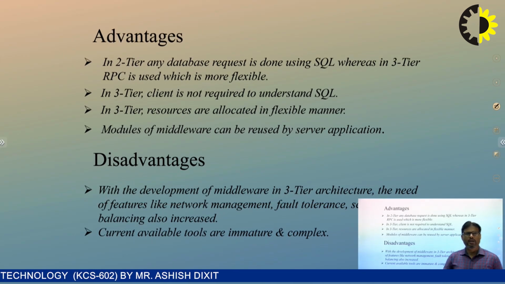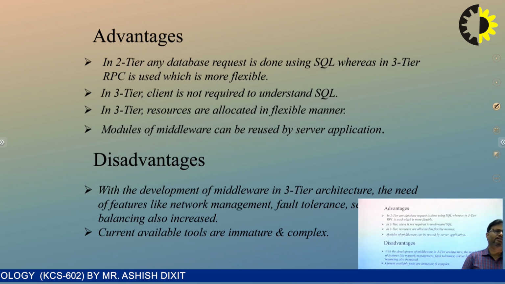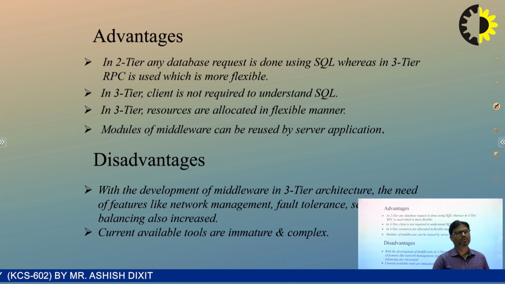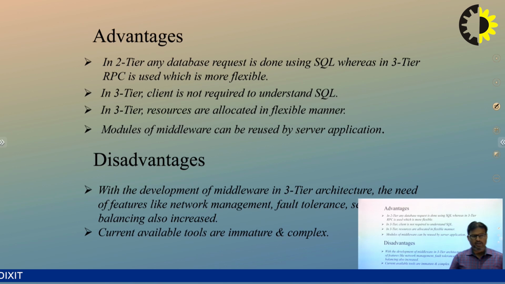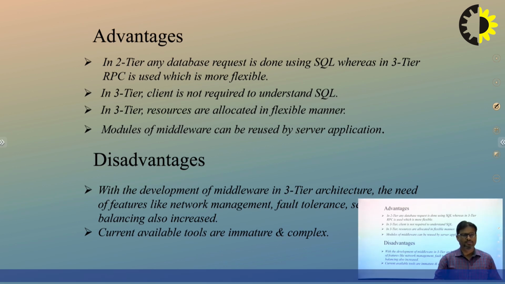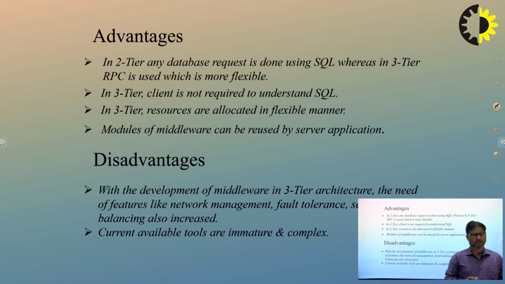Advantages: in two-tier, any database request is done using SQL, whereas in three-tier RPC is used, which is more flexible. Next, in three-tier the client is not required to understand SQL. Next, in three-tier, resources are allocated in a flexible manner. And modules of the middleware can be reused by the server application.